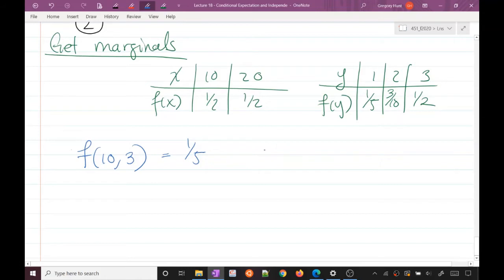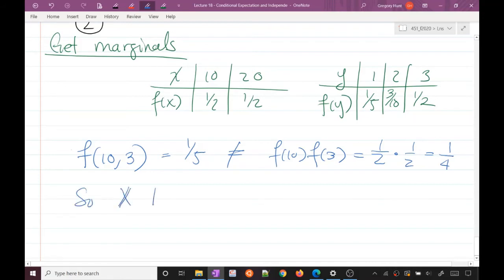And if I look at f of 10 times f of 3, that is f of 10 is 1/2 times f of 3 is 1/2 equals 1/4, not equal to 1/5.